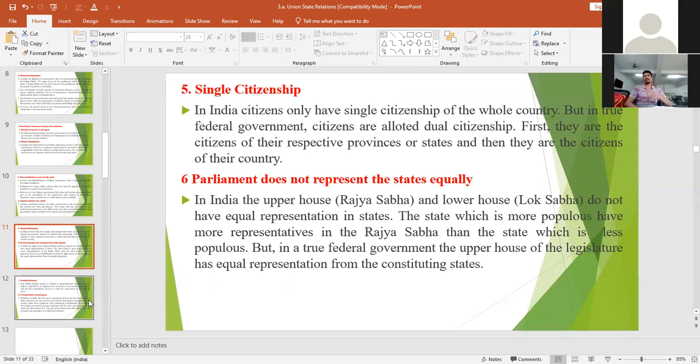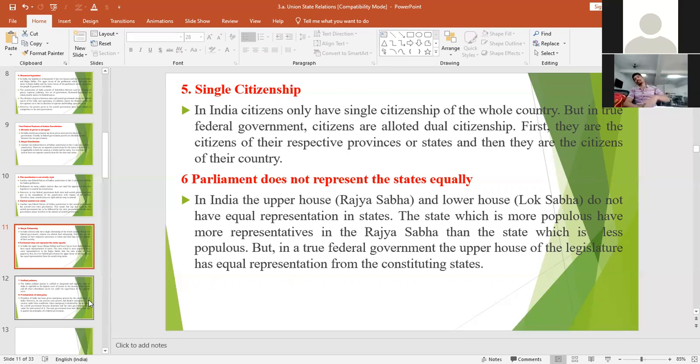But in a true federal government system, citizenship is dual: one citizenship to the central government and another citizenship to the states. Here only one single citizenship is there. That is why it is considered a non-federal feature.